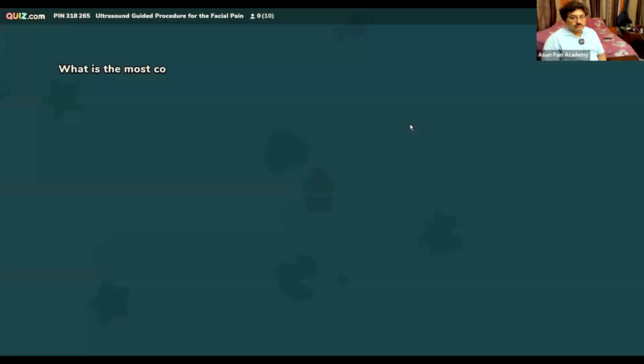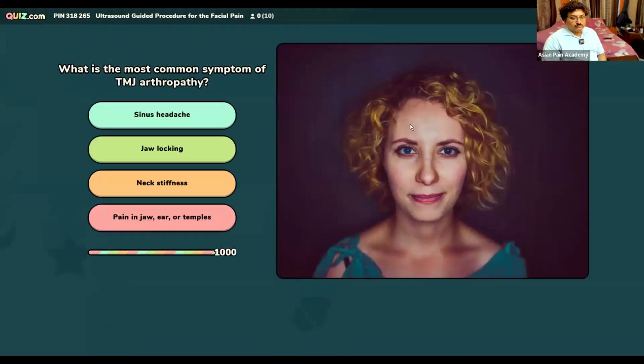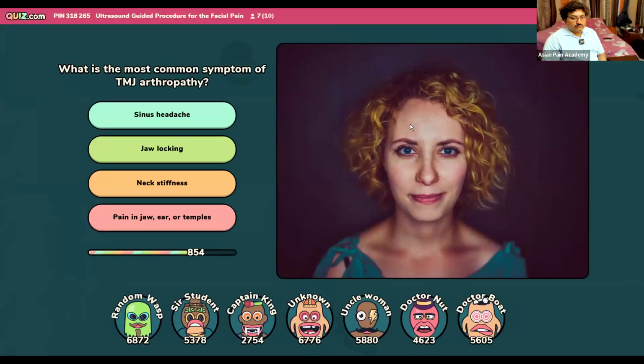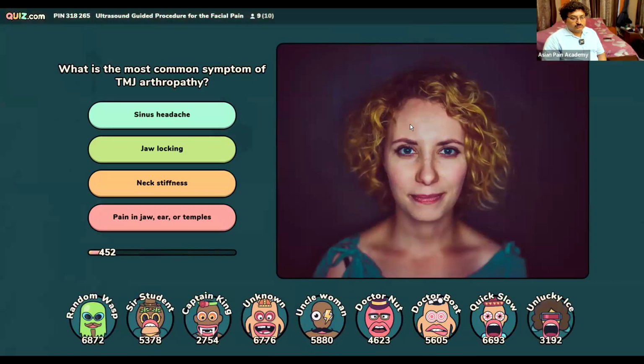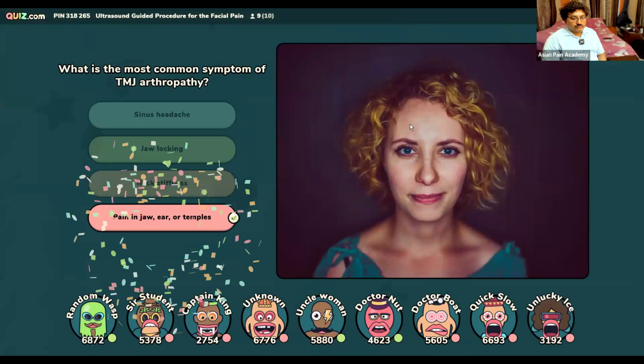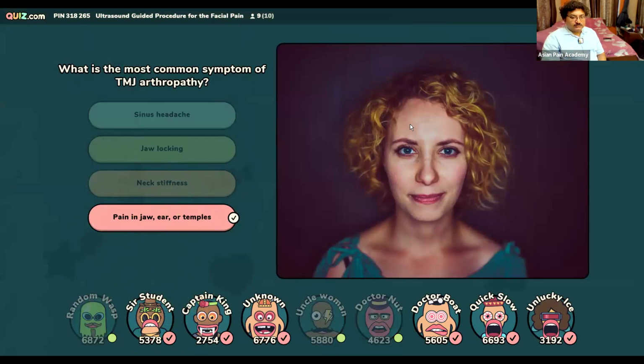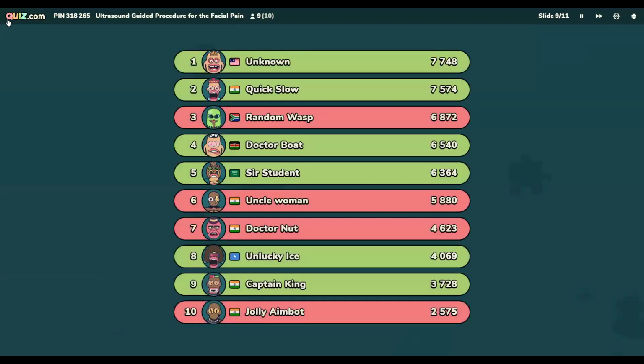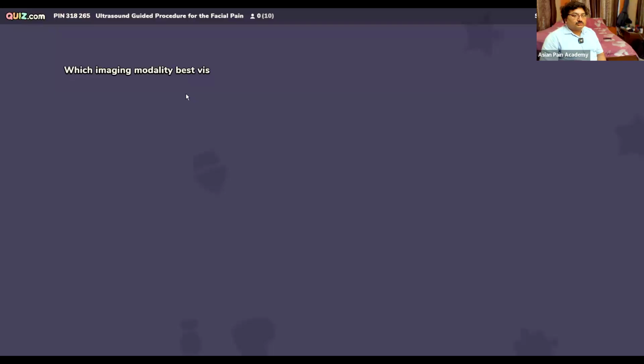What is the most common symptom of TMJ arthropathy? Pain in jaw, ear, or temples. Which imaging modality best visualizes TMJ disc position and diffusion?